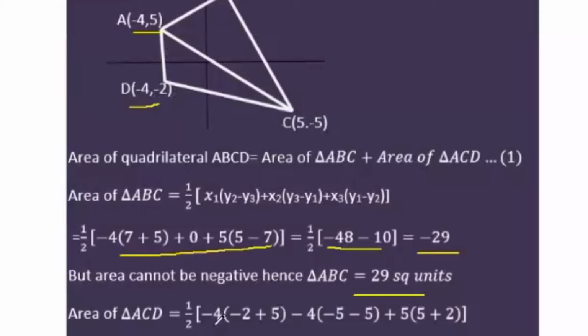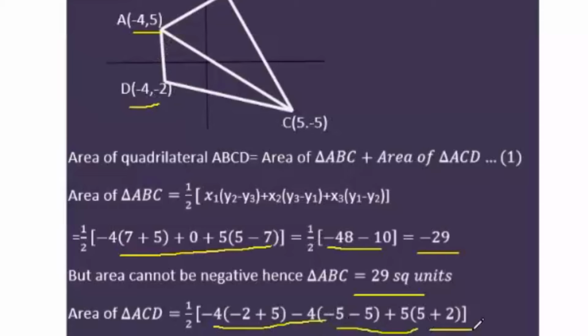Now x2 is minus 4, this is minus 4, y3 minus y1, that is minus 5 minus 5, then x3 is 5, y1 minus y2 is 5 minus minus 2, that is 5 plus 2. So we have reached up to this point.